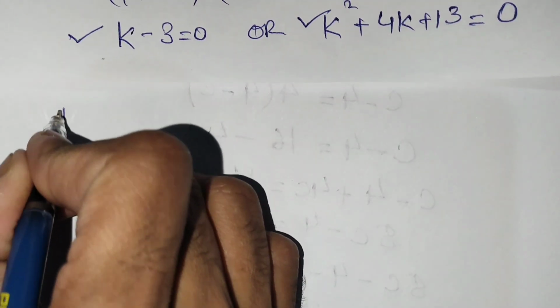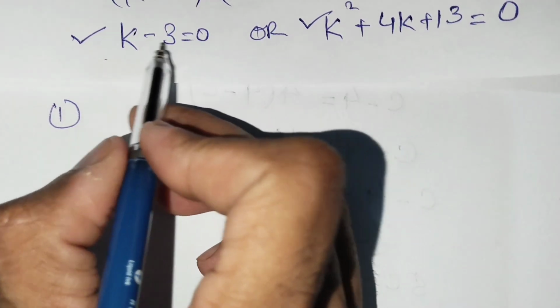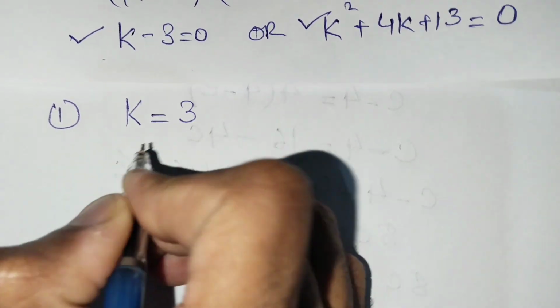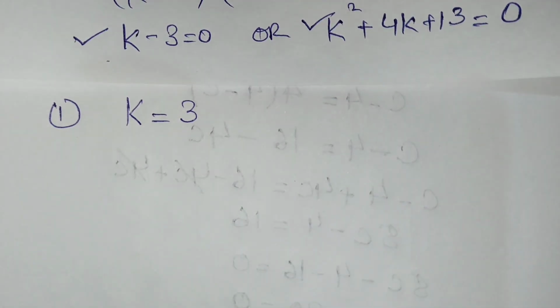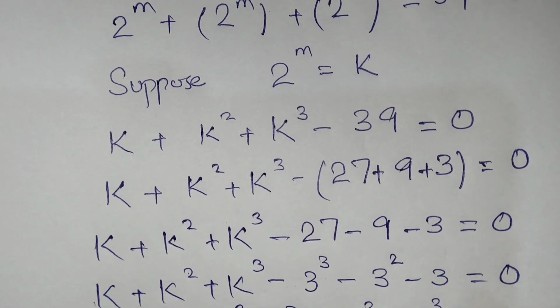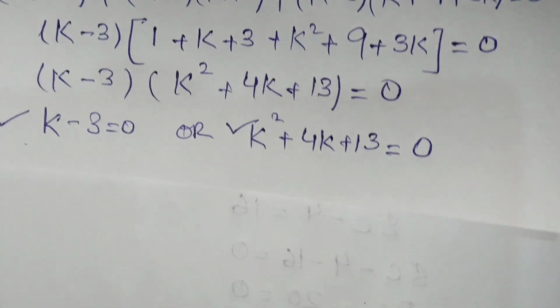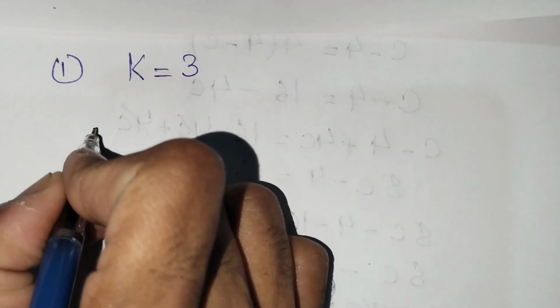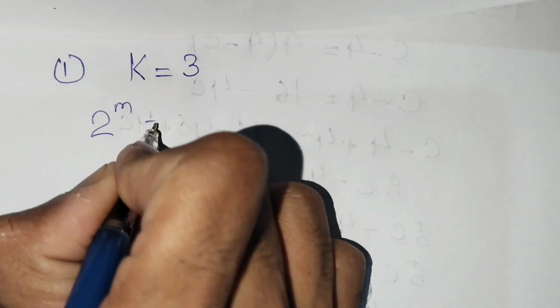In the first case, k minus 3 equal to 0, add 3 on both sides, we get the first value of k, which is 3. But we have supposed that k is equal to 2 power m, and we have to calculate the value of m. So replace k: 2 power m is equal to 3.